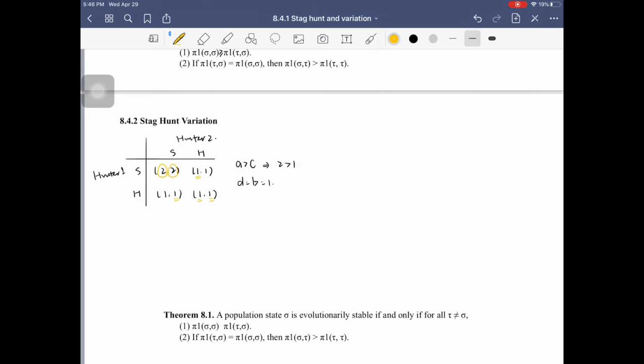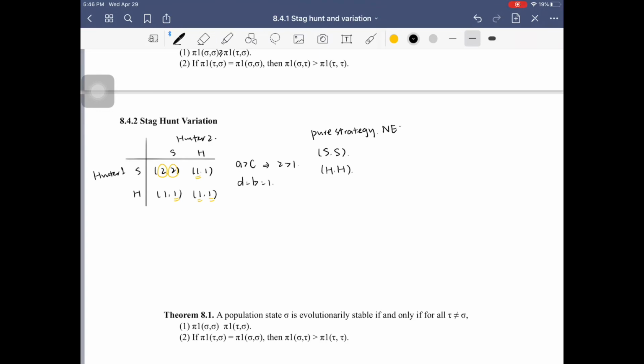After this process, we can see that the Nash equilibria are SS and HH for the pure strategy Nash equilibrium.